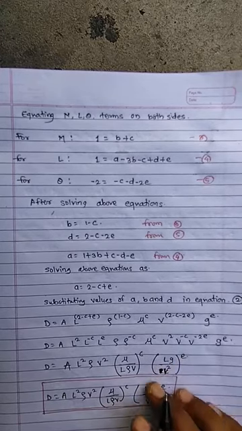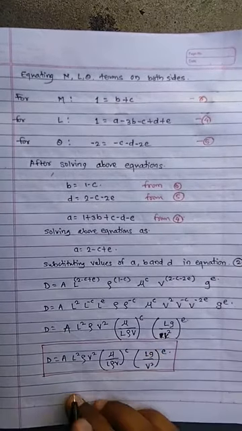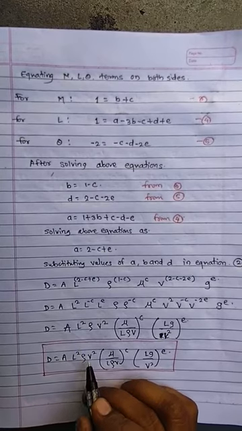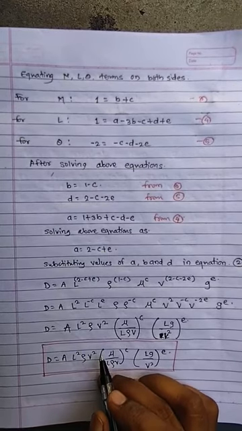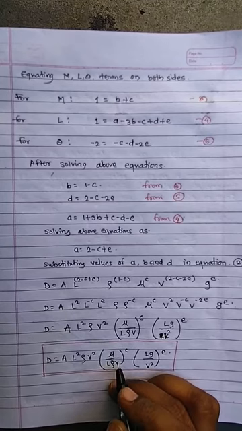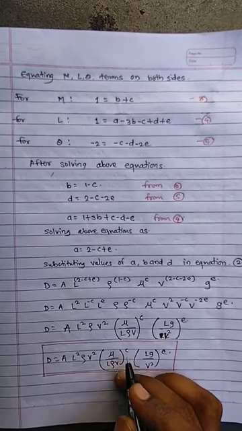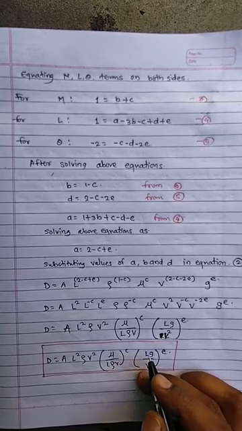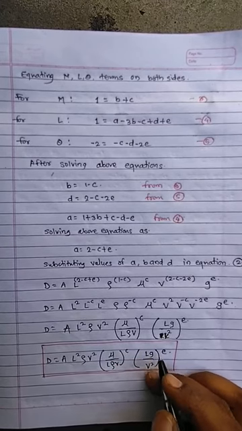Okay, so this is our equation. D is equal to A L square rho v square, in bracket mu divided by L rho v, bracket raised to c, multiplied with in bracket L g divided by v square, raised to e.